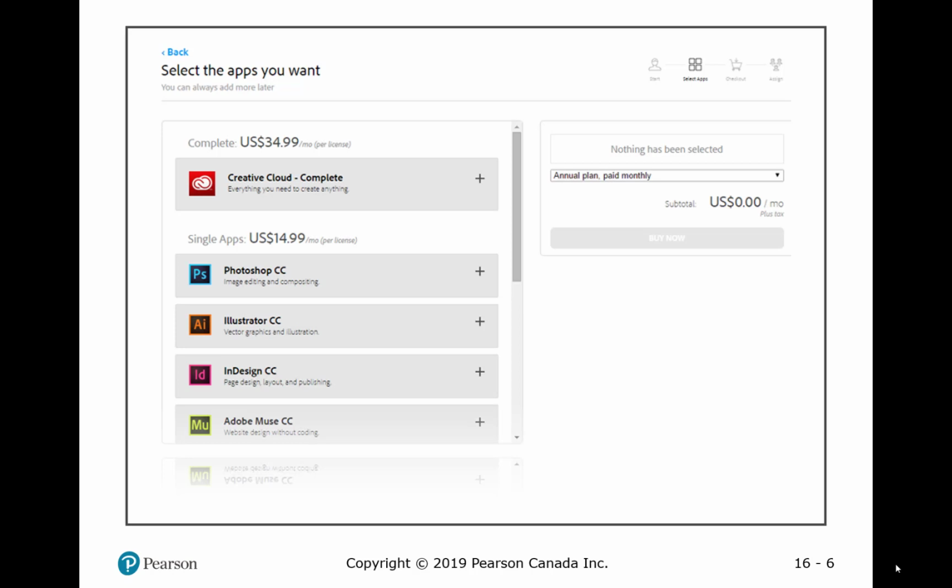Now, the reason I bring that up is even though they each individually sell for $14.99, I think you'd agree that if you were paying $34.99 for the bundle, you're probably not doing that for the sole purpose of getting Adobe Muse. You're probably paying for Photoshop or Lightroom or Illustrator or some of the more popular products that Adobe puts out.